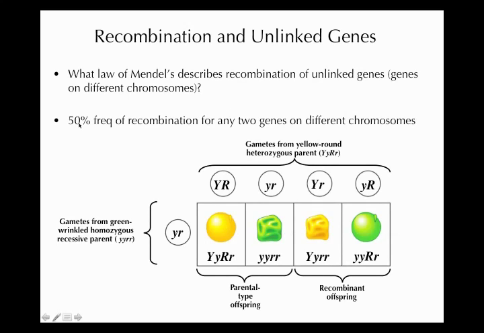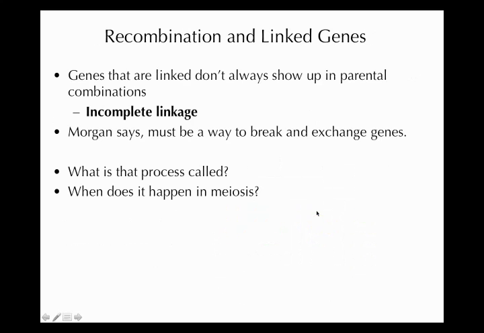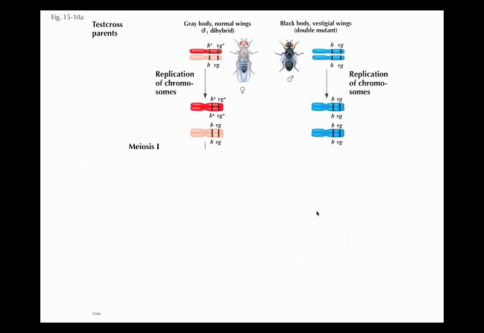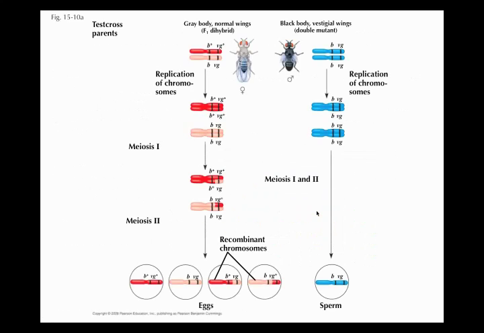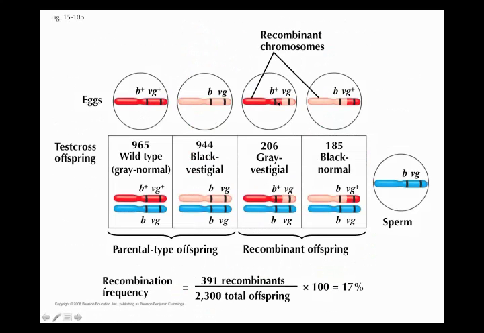Actually, in the P's, they were 50% each, right? Which we knew because it's 50% each, so that means these are unlinked. Now, if there were more of these parental and less of the recombinant, then we know that they were linked genes. So that's what this is showing here, basically. Sometimes you get recombination, sometimes you don't, and so you get all these different combinations.